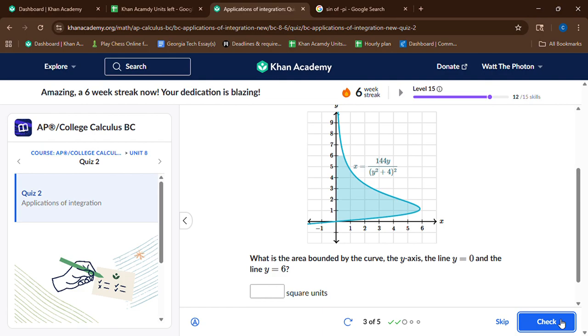Okay. What is the area bounded by the curve, the y-axis, and the line y equals 0?